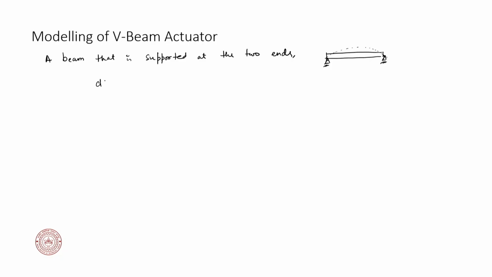The equation for a steady state V-beam actuator is d square dx square into EI, that is a rigidity modulus, d square V by dx square, where V is a deflection in the y direction, plus P d square V by dx square equals to F, where V is the displacement in x2 direction.